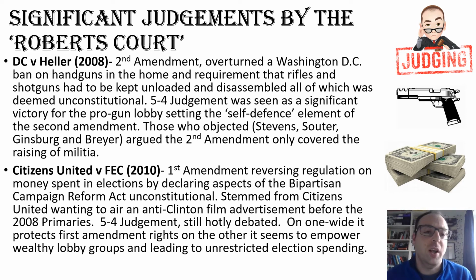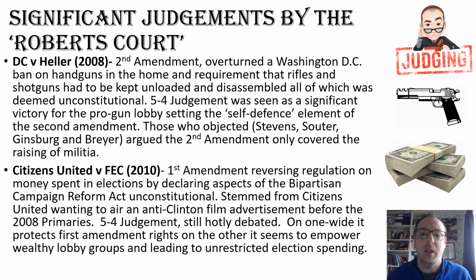So the first case I'm going to look at is DC versus Heller from 2008. This is to do with the Second Amendment, and it overturned a regulation in Washington DC that banned handguns in the home, and also had a requirement that rifles and shotguns had to be kept unloaded and disassembled, all of which was deemed to be unconstitutional. Now, the judgment was 5-4, which means the court was split.